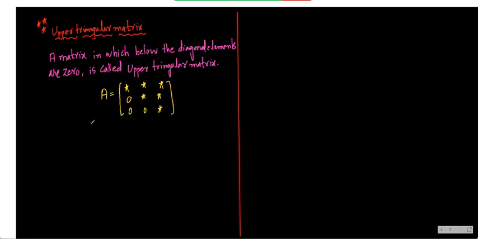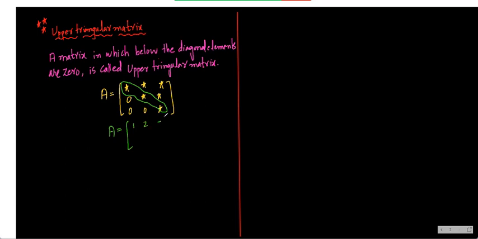You can see the diagonal is this one. Already we are familiar with the definition of diagonal. You can see the elements below the diagonal should all be 0. Such a matrix is called an upper triangular matrix.